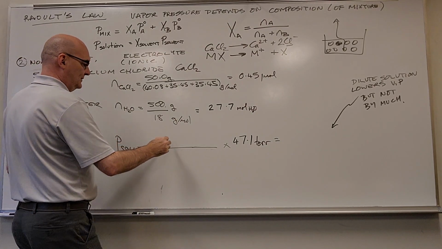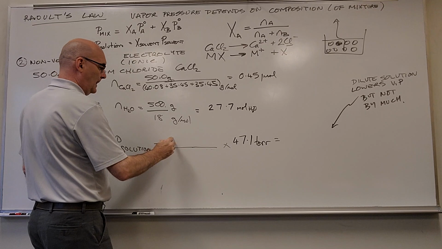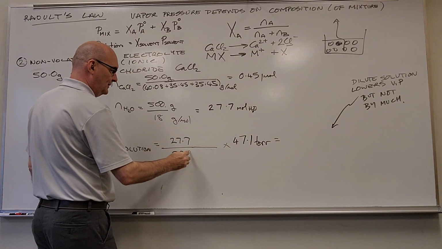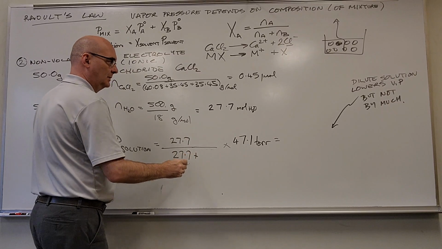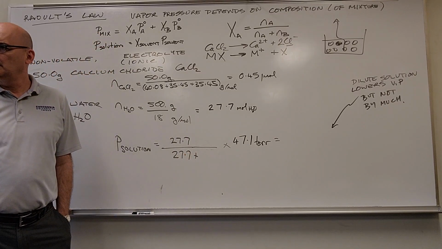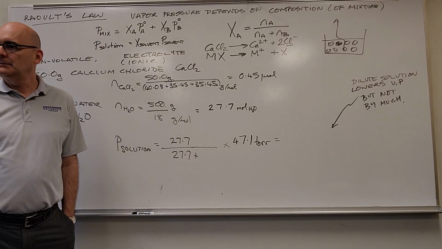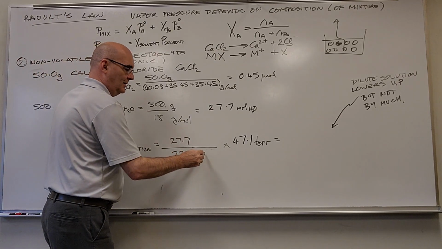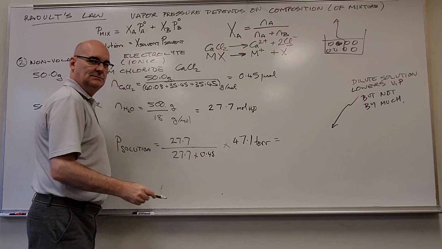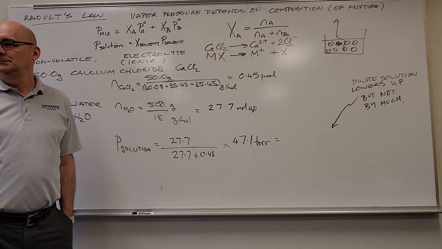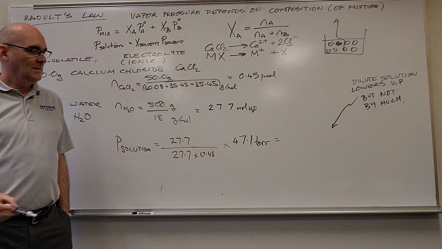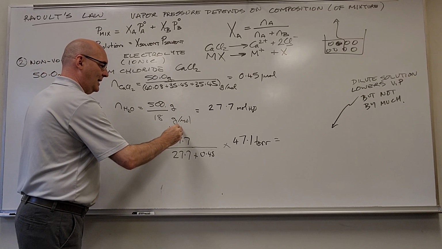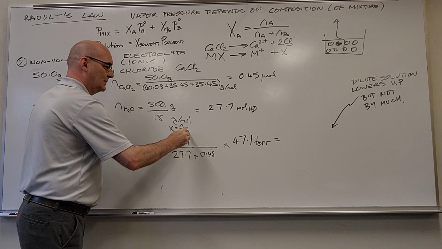Okay. So now I'm looking at 27.7 over 27.7 plus 0.45. Is that how it goes? 0.45. If this is the x, and the x is n over n total.